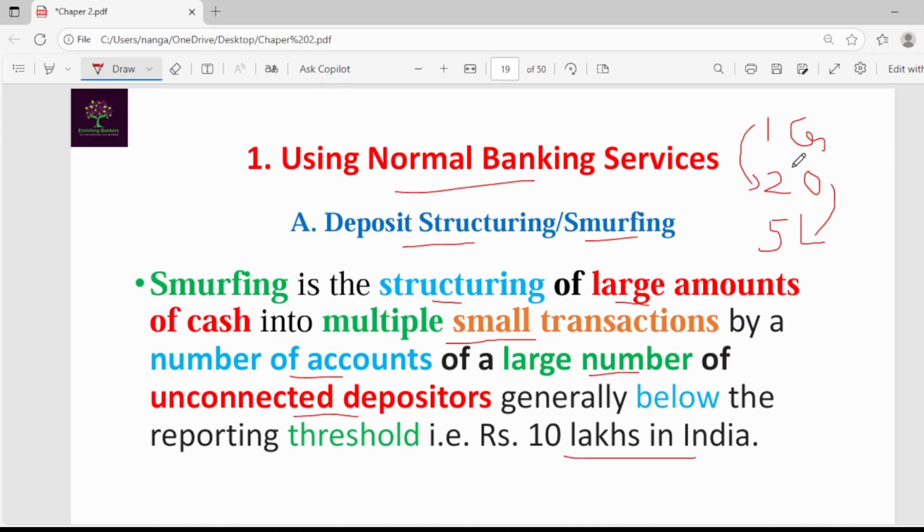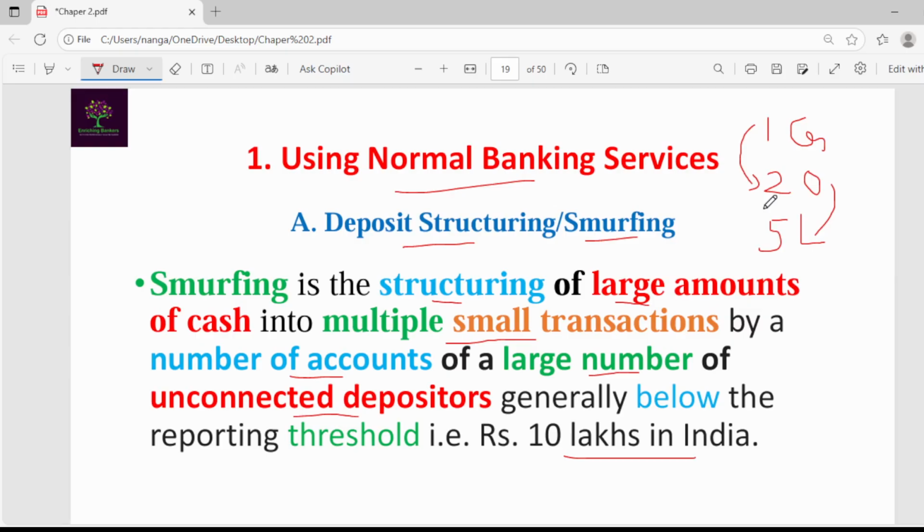So each person deposits 5 lakh into their accounts. So here deposits are structured. Cash, illegal funds are deposited into accounts in a structured manner. That is called smurfing.